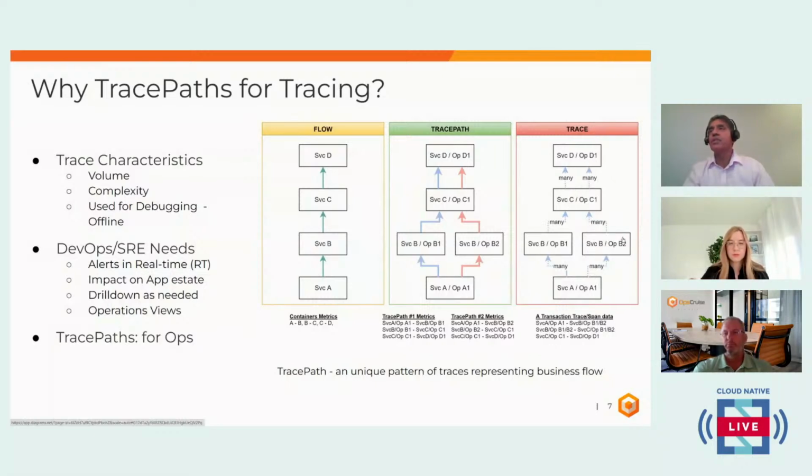I can go A1, B2, C1, D1, or A1, B1, C1, D1, or et cetera, right? So the possible combinations become complex. And of course, there might be multiple calls between them as well, repeated calls at different times. So this, at the transaction level, is a lot more detail.